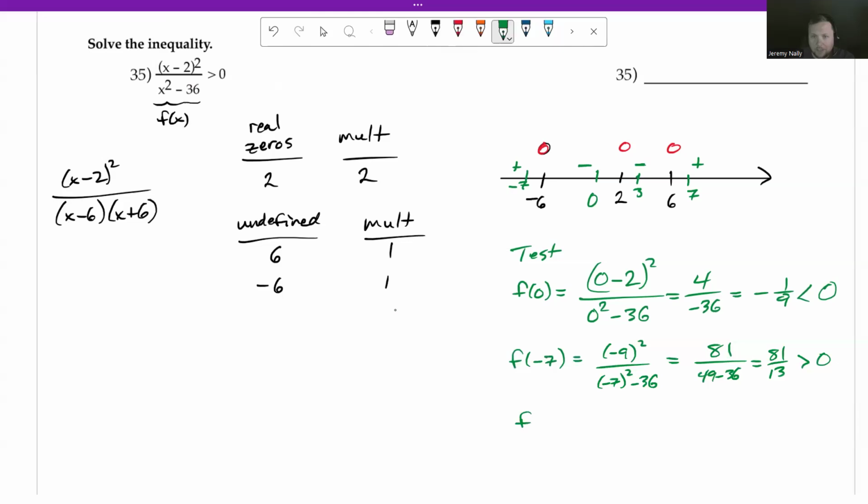It matches. F of 3. So we're going to have 1 squared over 9 minus 36. So we have 1 over negative, hang on, I can do math in my head, 27.